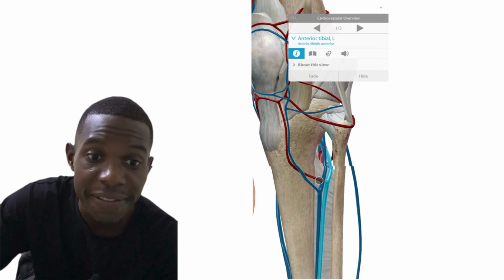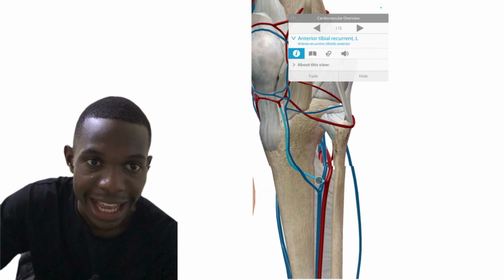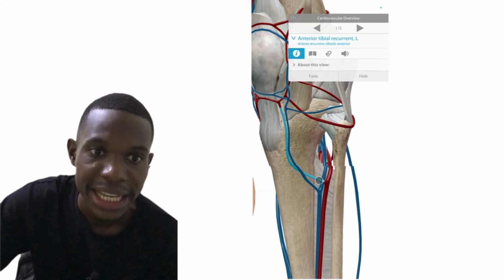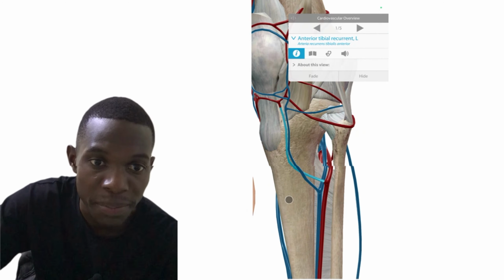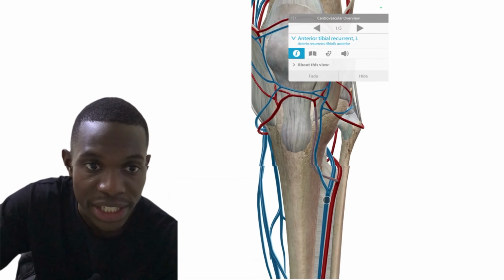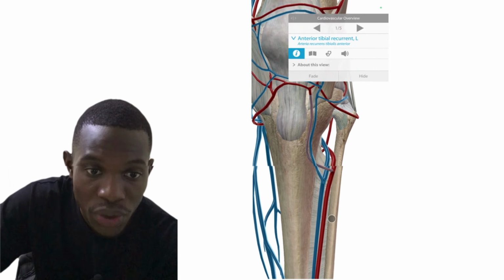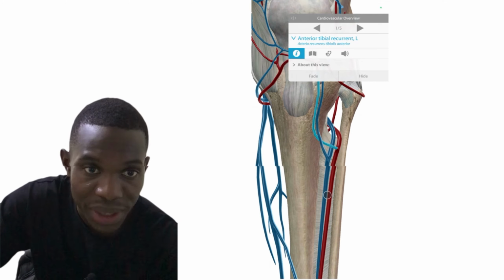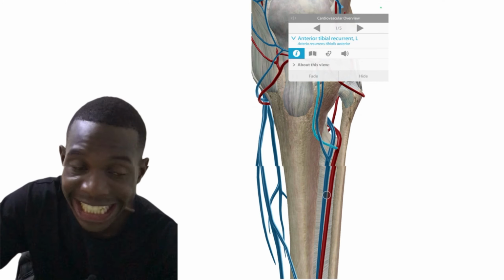And then it's going to give a branch that is called a recurrent anterior tibial branch that will supply the knee joint, or take part in the anastomosis of the knee joint. As you can see, that is your recurrent branch. So it's going to descend together with the anterior tibial vein as well as the anterior tibial nerve.